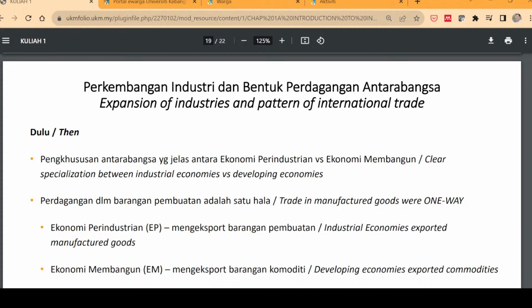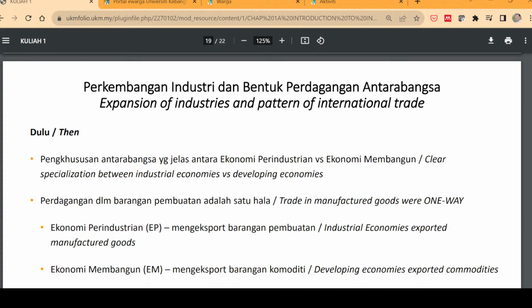I mean, the relationship between developed and developing countries at that time, as far as the manufactured goods are concerned, the exports came from developed countries and went to developing countries, one way only.